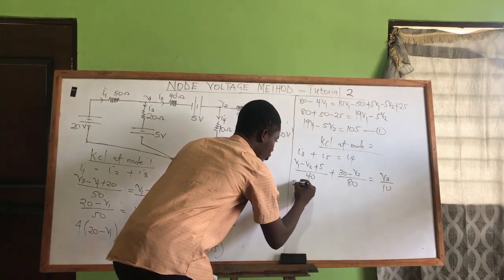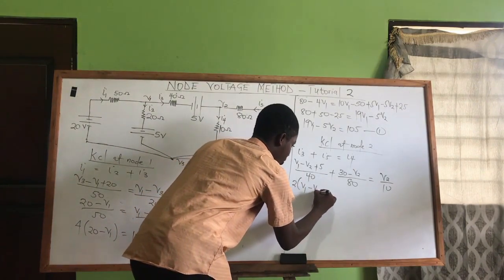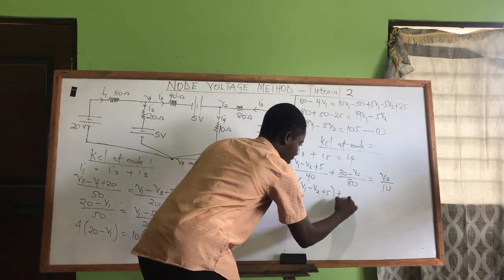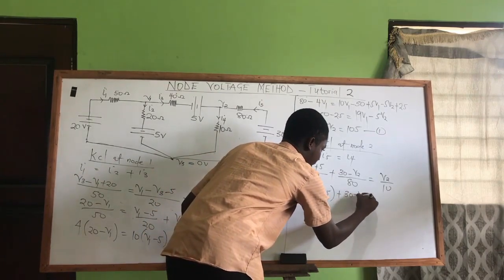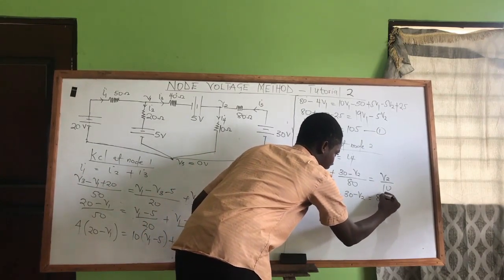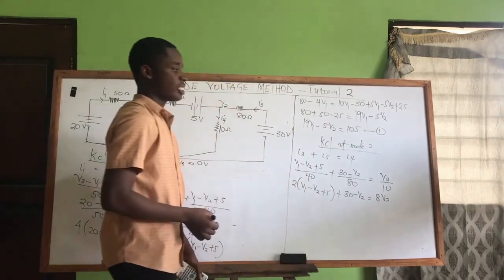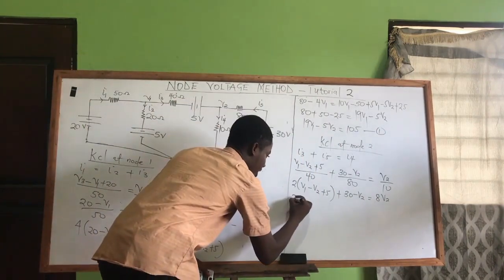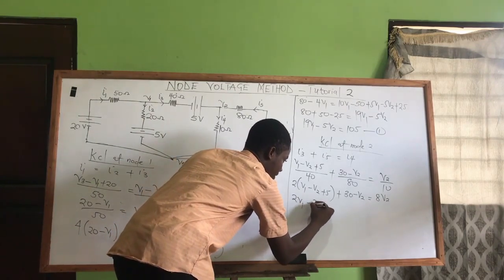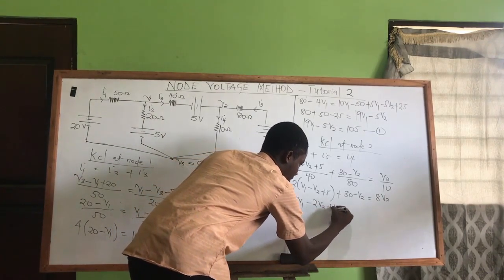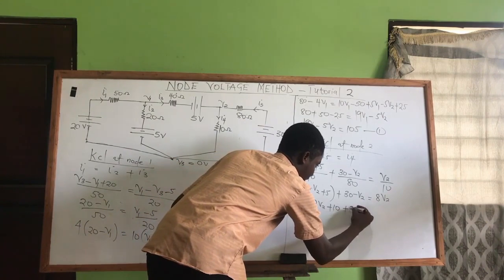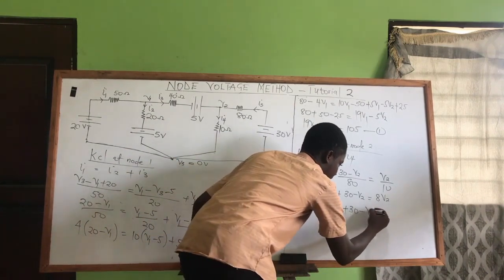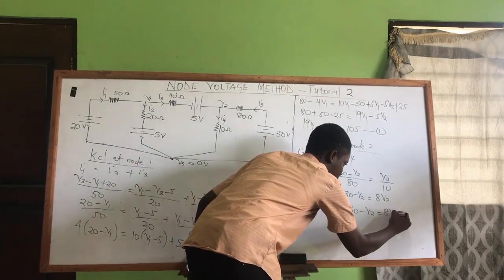We have 2V1 minus V2 plus 5 plus 30 minus V2 is equal to 8V2, multiplying through by 80. So let's expand. We have 2V1 minus 2V2 plus 10 plus 30 minus V2 is equal to 8V2.